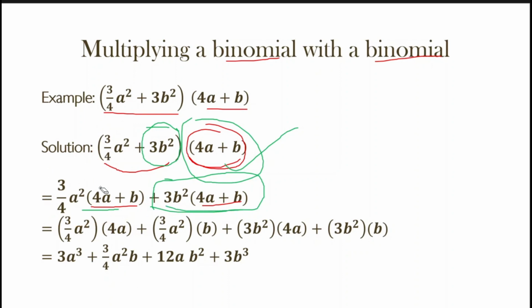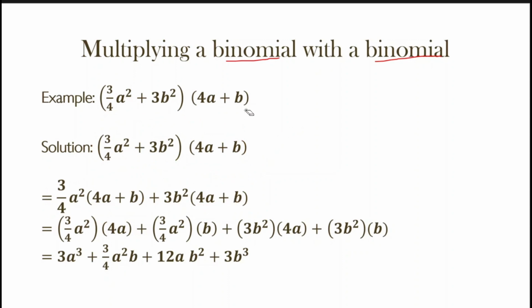Please remember, the answer would remain the same no matter which bracket you keep constant. You can also keep 3/4 a square plus 3b square as it is and multiply 4a with it and then multiply b with it. The answer would remain the same. Now how would we solve it further? So 3/4 a square multiplied with 4a plus b. Now this is similar to the previous question, a monomial having just one term getting multiplied with a binomial.